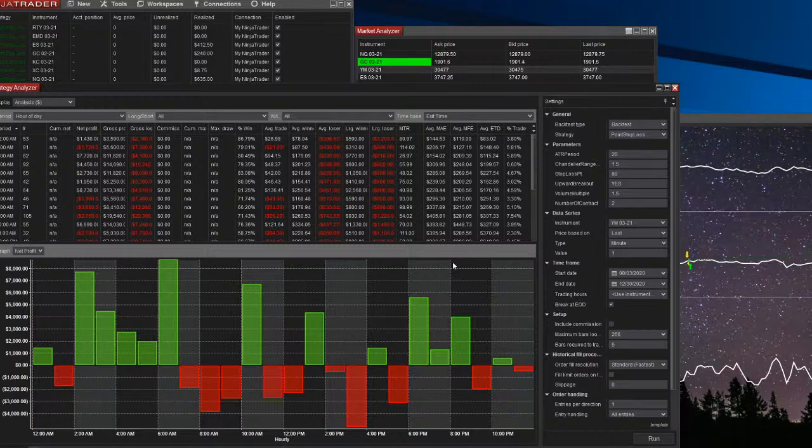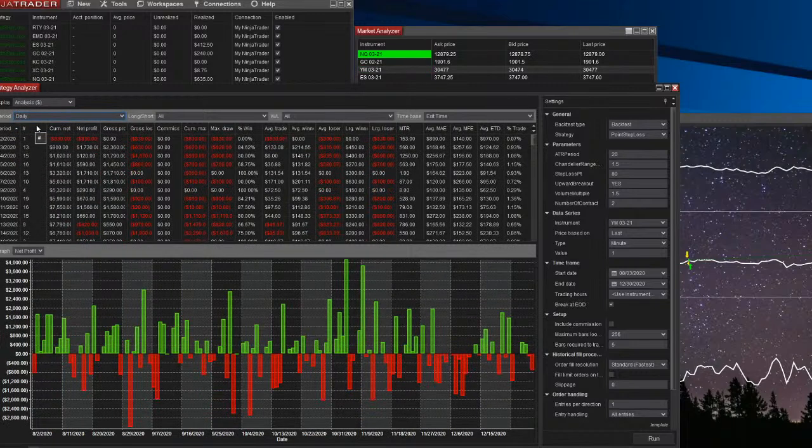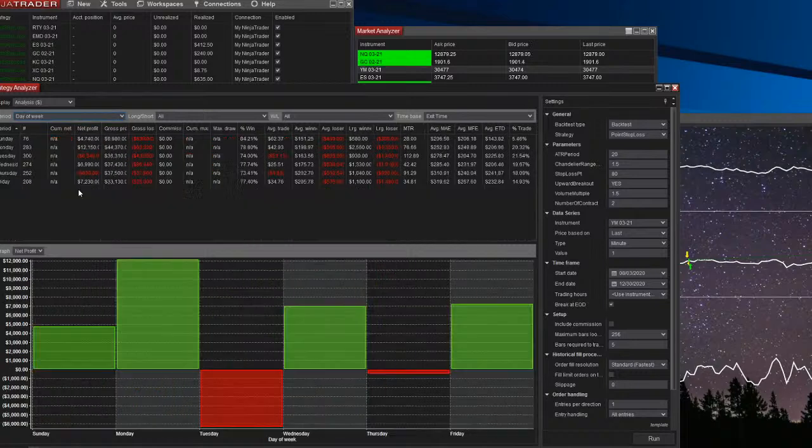So this is going to analyze this one product, and you can choose if you want it by the day. So I like these day of the week. What is the best performer? It seems that most of the indices' best day is Monday.